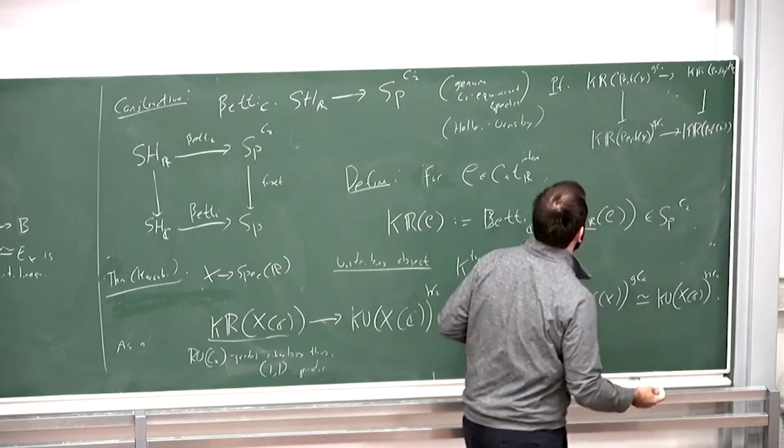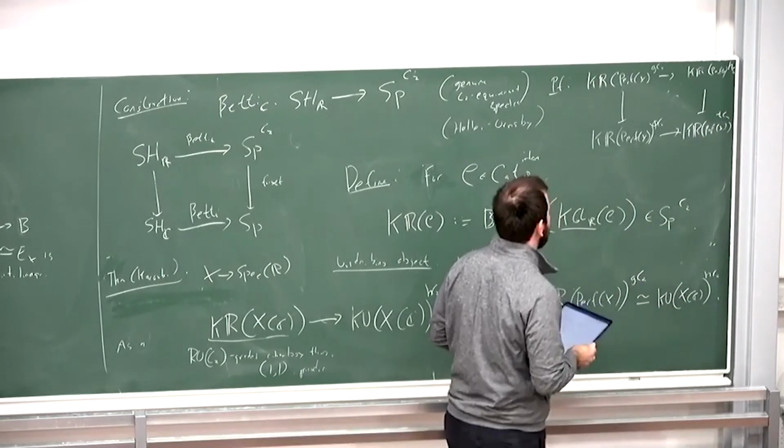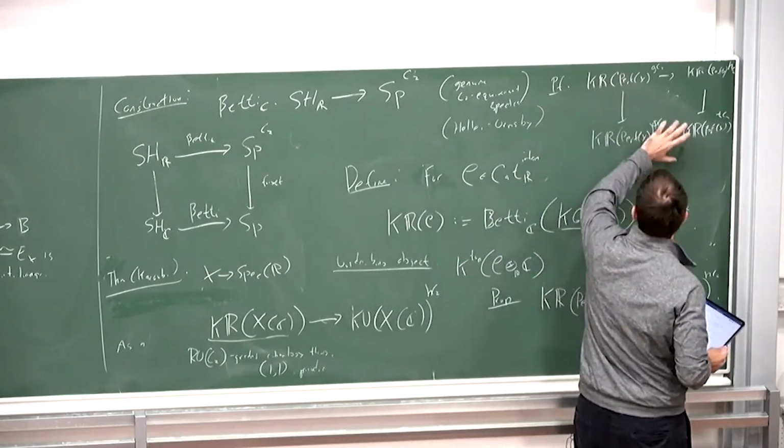And essentially this is the Tate fixed points, and this will actually be a map of rings.